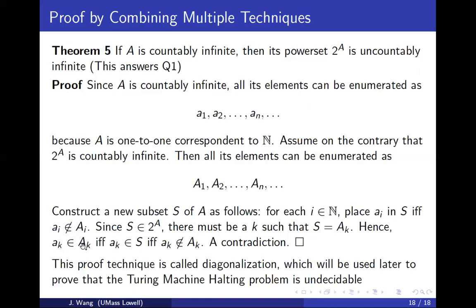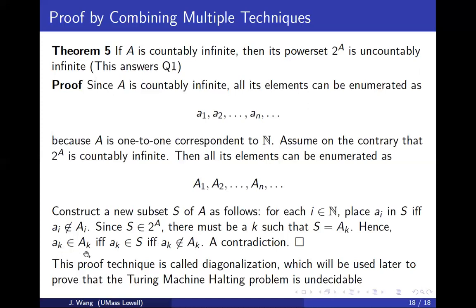if small a_k is in capital A_k, then because S is equal to A_k, it means that a_k is in S. But then we know by construction of S that a_k is in S if and only if a_k is not in capital A_k.